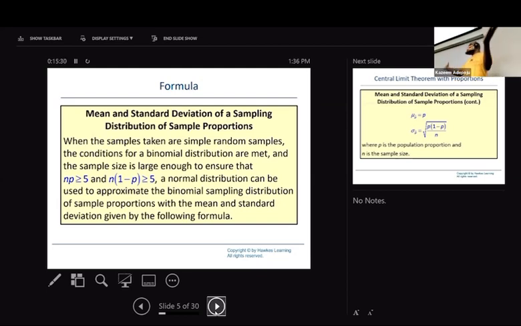The whole thing is a binomial situation, because if I ask one person, do you like the job of the president or not? It's either yes or no. That is categorical. Now, the only way to apply this is when the product of n and p is greater than or equal to 5, and the product of n and 1 minus p is greater than or equal to 5.